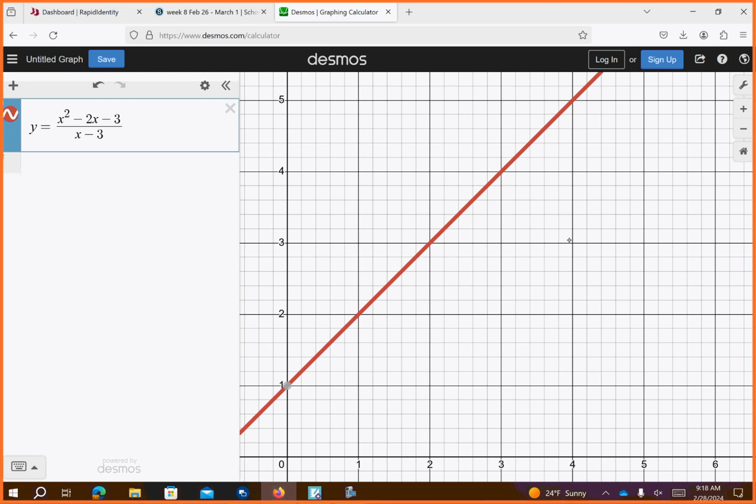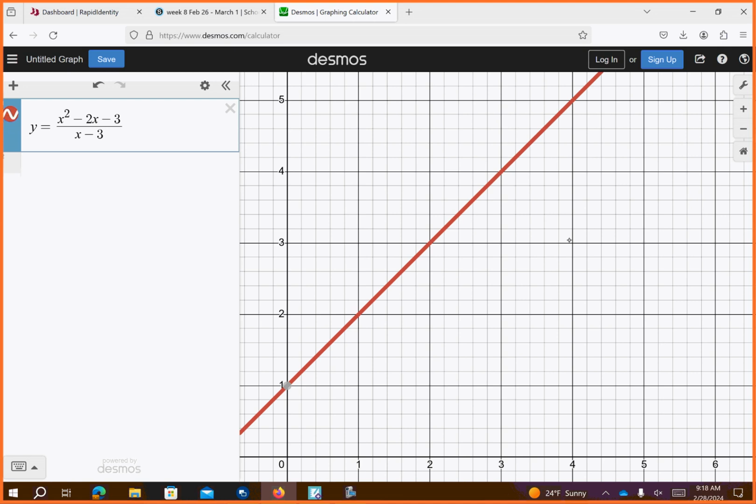Meaning as I come from the negative numbers up, so as I come from over this way, horizontally, I'm just going to travel up the graph, I get to a hole. As I come from the more positive numbers, so coming horizontally this way, or down, am I getting to the same hole? What do you think?